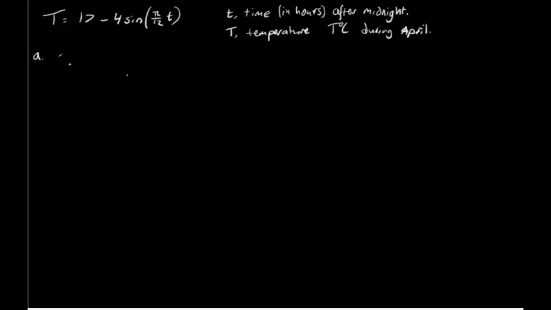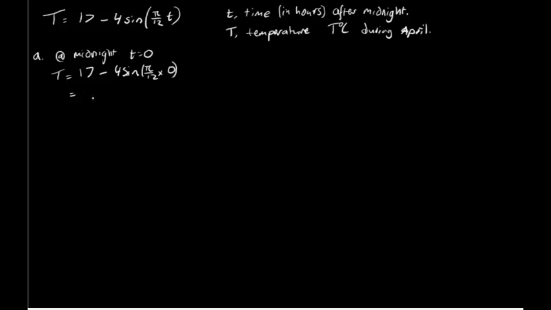So at midnight, that's going to be our initial time, which is when t is equal to 0 because we're at midnight. So we just need to find out what our temperature is at midnight. 17 take 4 sine of pi on 12 times 0.